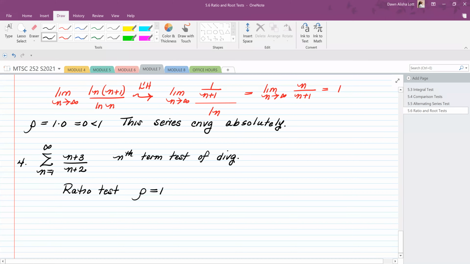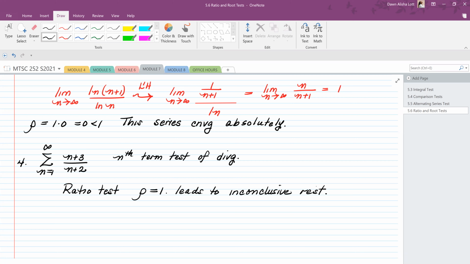And so the ratio test will be inconclusive. So I don't want you to be gung-ho to rush and rule the ratio or root test, because sometimes there's another test that will give you the answer right away.